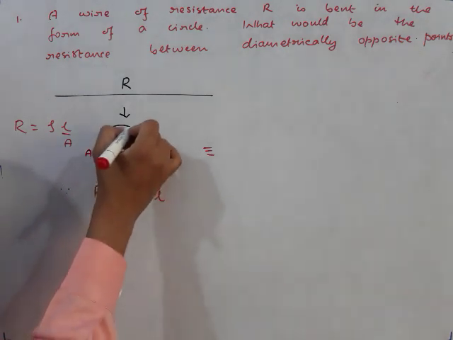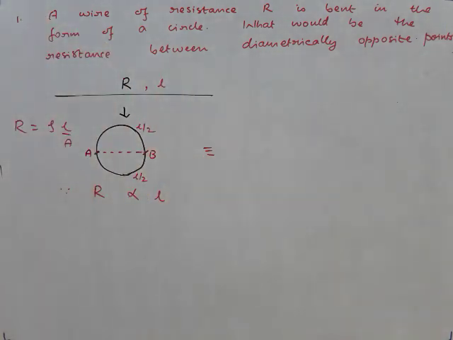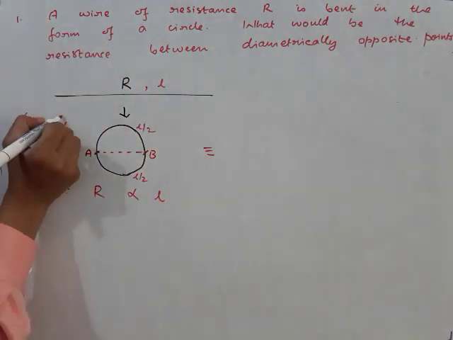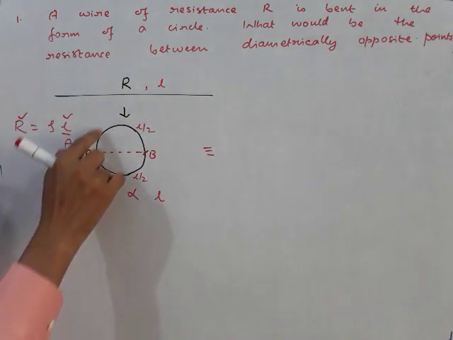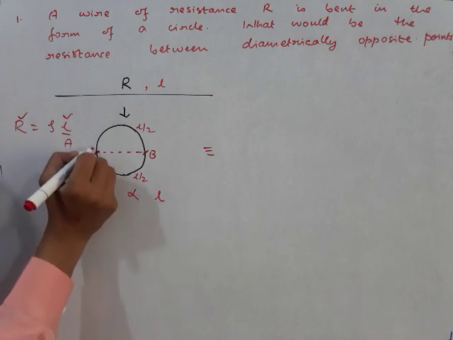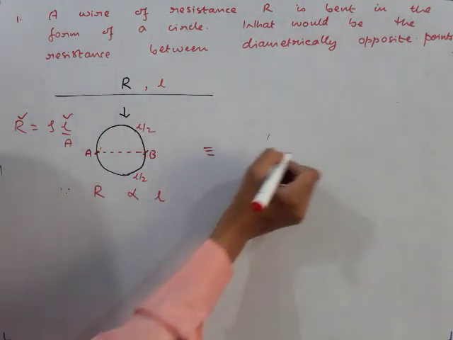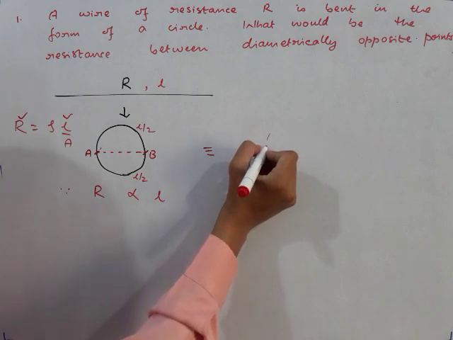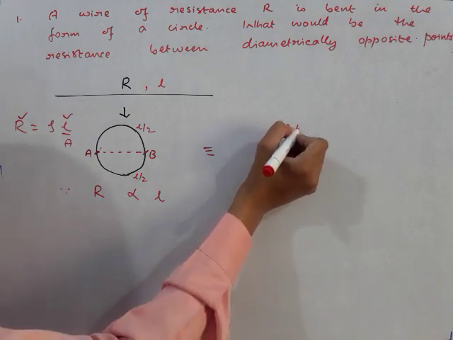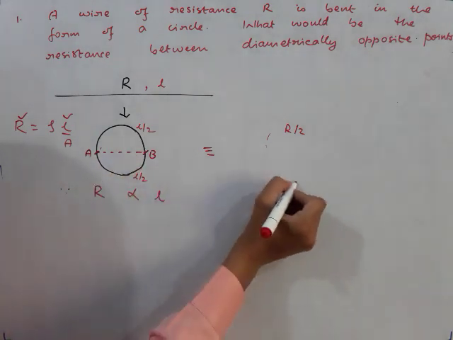Since resistance is directly proportional to length, if length is reduced to half, resistance will also reduce to half. So the upper part will have resistance R by 2 and this lower semicircular part will also have resistance R by 2.